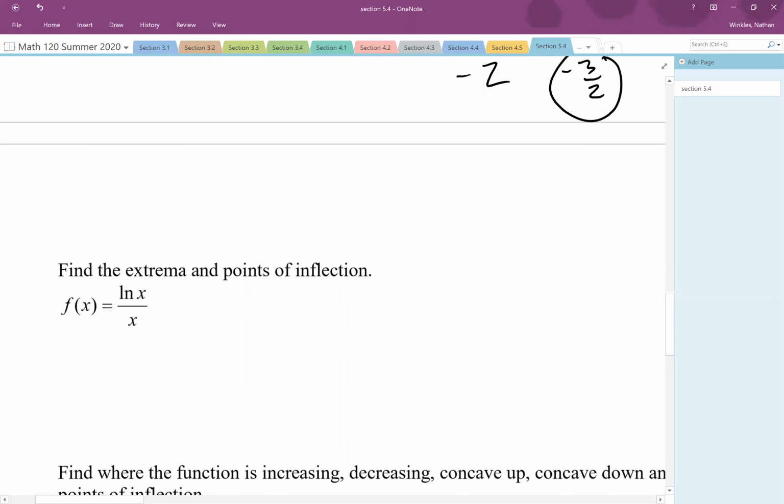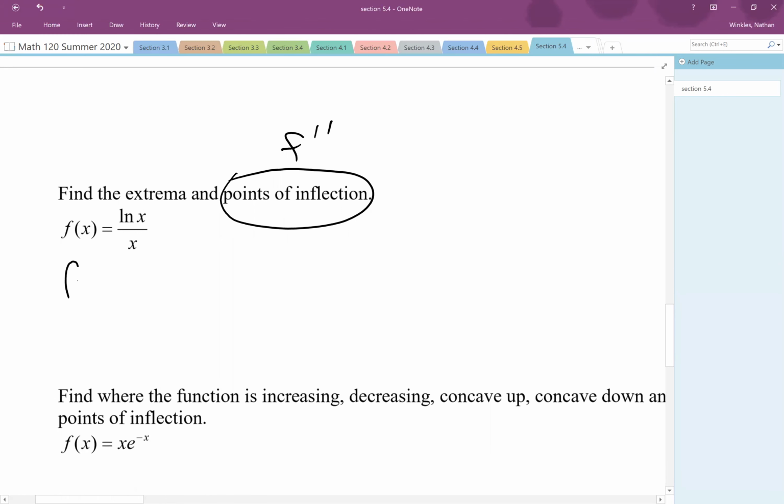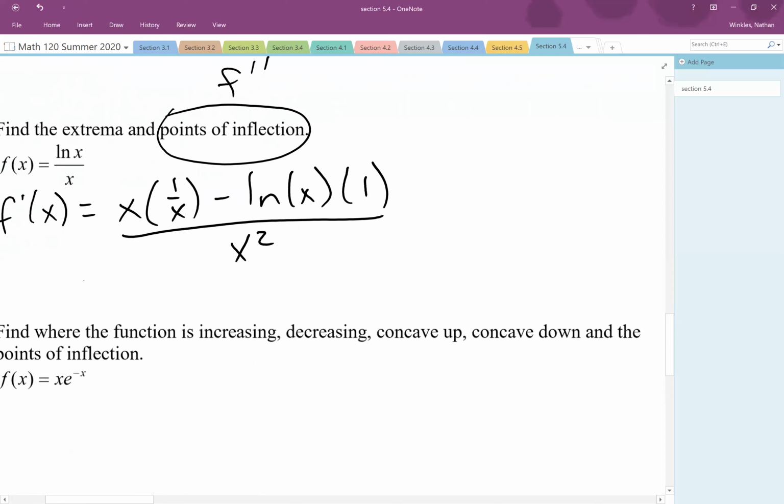So for this problem, find the extrema and the points of inflection. So what that means, points of inflection means f double prime. So f prime of x is low d high minus high d low over the bottom squared. That gives us 1 minus ln x over x squared.